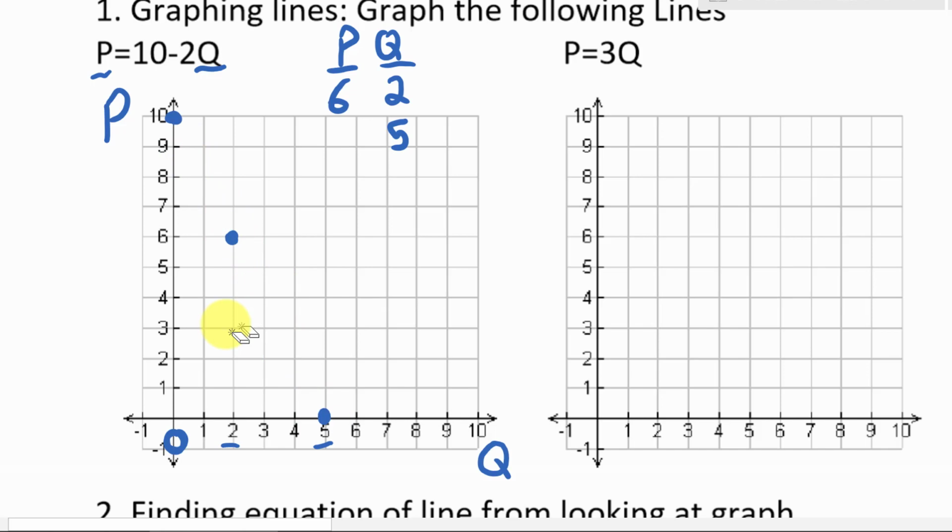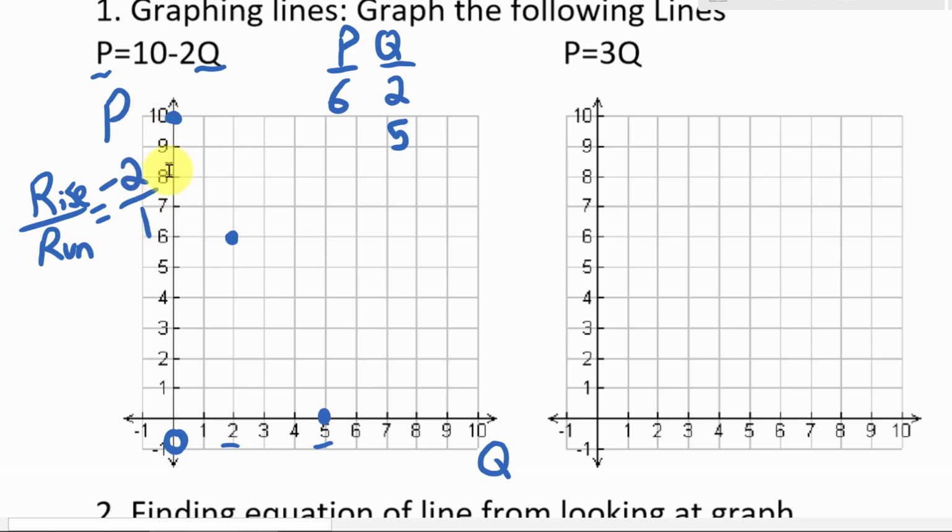Now, another way you could do it is to say, well, I know that minus 2 is the slope, and slope is rise over run, and if that equals minus 2, that's the same as minus 2 over 1. Putting the 1 on the bottom just helps us see that each time we rise minus 2, that means go down 2, we're going over 1. So down 2 over 1.